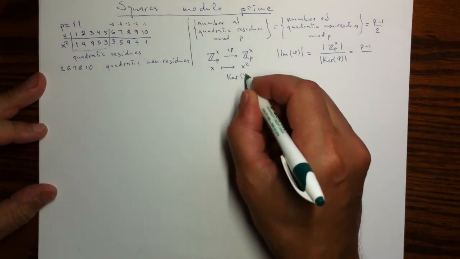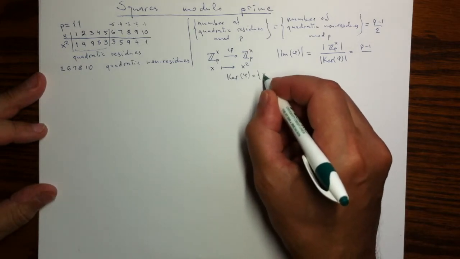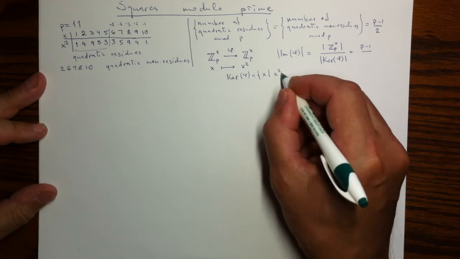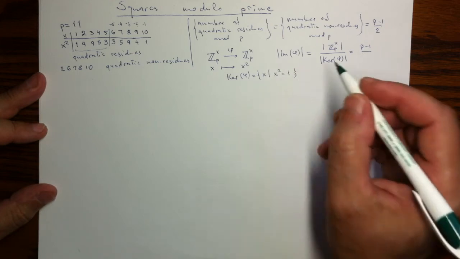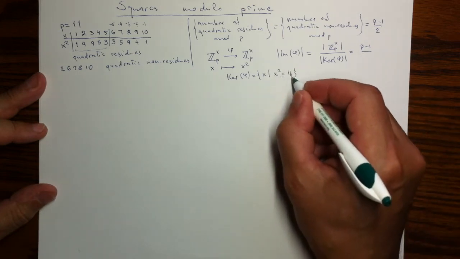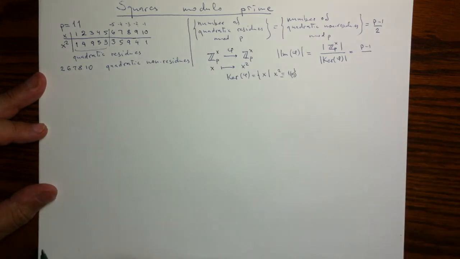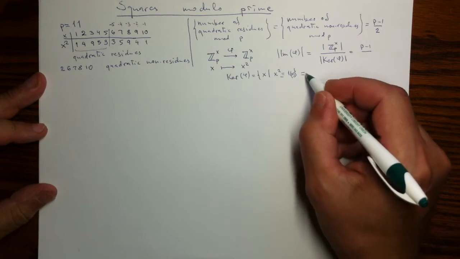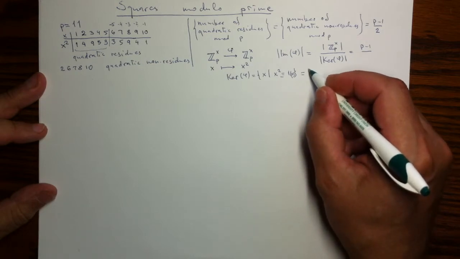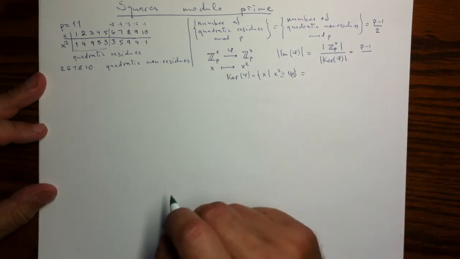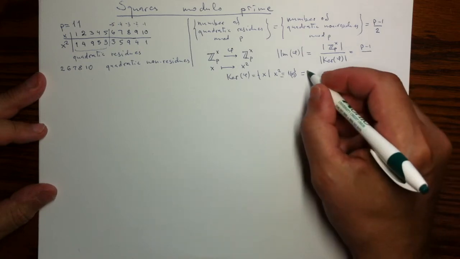The kernel is everything which squares to the identity, that is, congruent mod p to the identity in my group. And that, of course, we know is just plus or minus 1, because here we're using the primality of p.